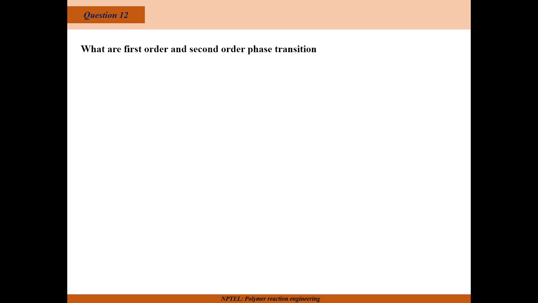Likely, first order doesn't involve any phase change, meaning a direct change may not be there. Whereas a second order phase transition generally involves something like melting, sublimation, boiling, where the phase change is also involved, if I am correct. I think the observable changes are happening in the first order.